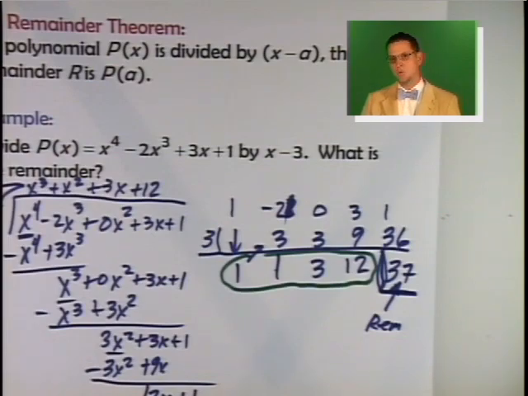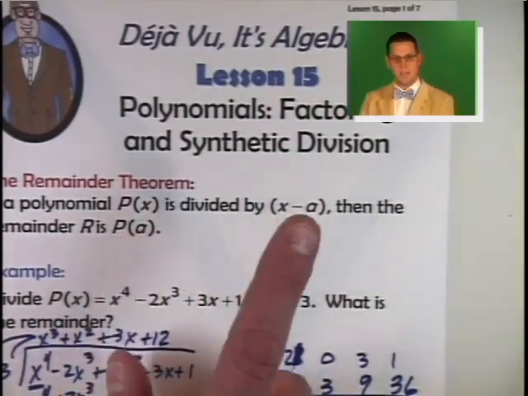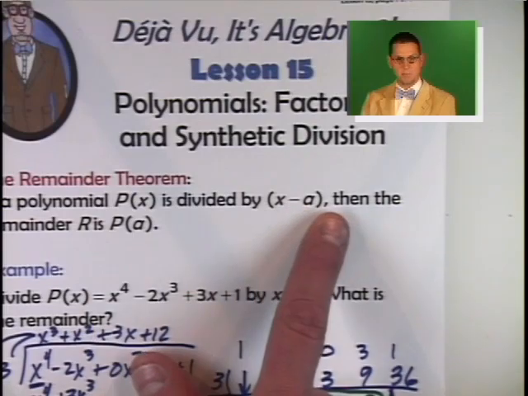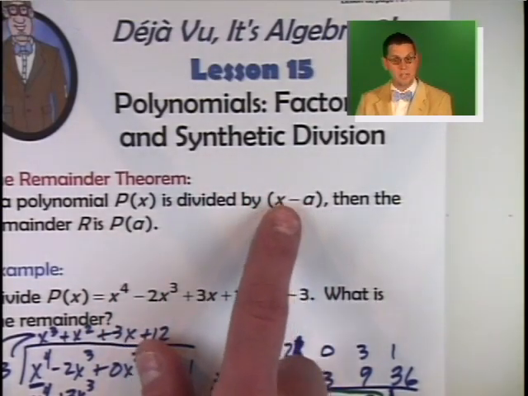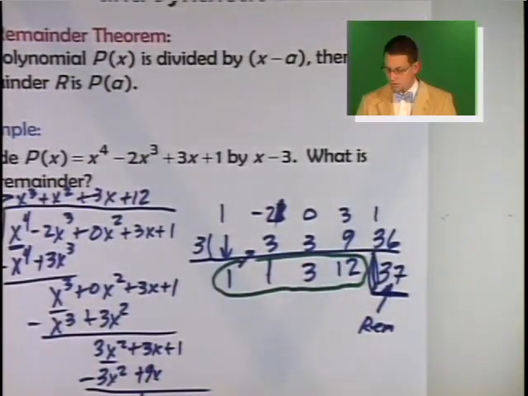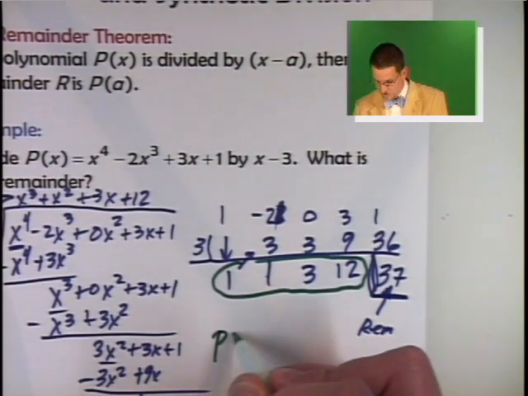Now let's go back to the remainder theorem. The remainder theorem says that if we divide by x minus a, the remainder is just the polynomial evaluated at the root, in this case at a, or in this specific case at 3. So we could have found the remainder without actually doing the division by using the remainder theorem. So what is p of 3?